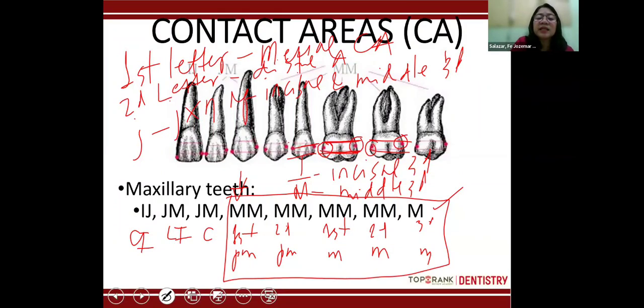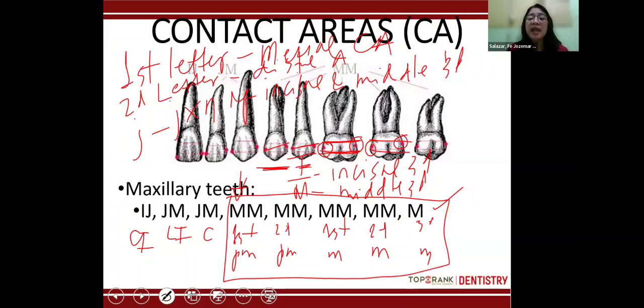Yan o, not at the same level pa rin sila. Okay? And the more anterior the tooth, ito mas anterior to kaysa to, mas mataas yung kanilang mga contact areas. Okay, so bumababa yung kanilang contact areas. Okay, so that's contact area for maxillary.